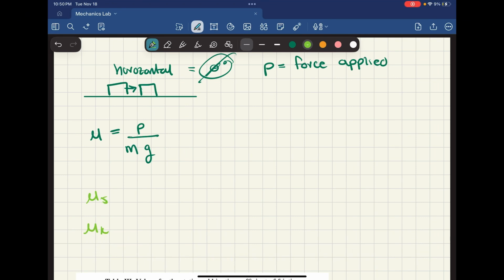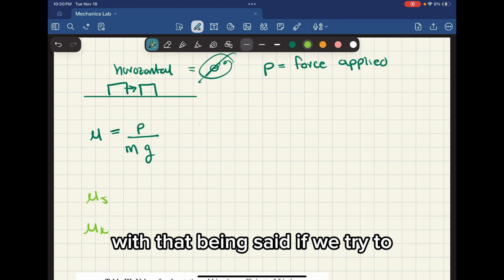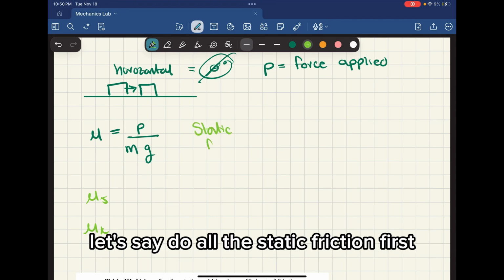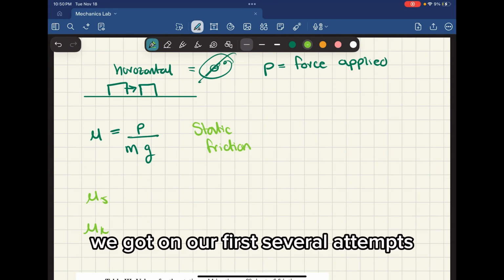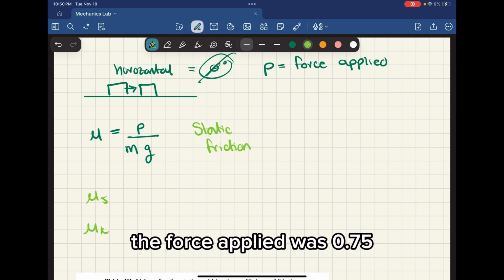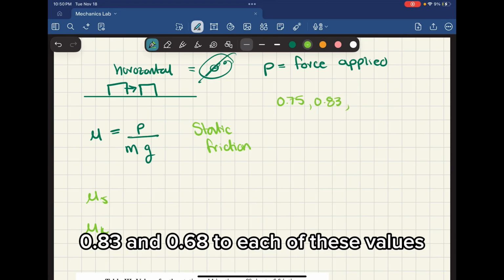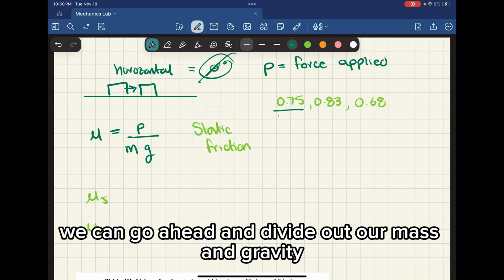If we do all the static friction first, on our first several attempts, the force applied was 0.75, 0.83, and 0.68. To each of these values, we can divide out our mass and gravity.